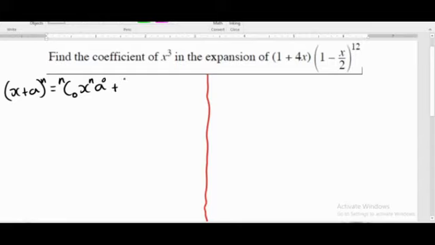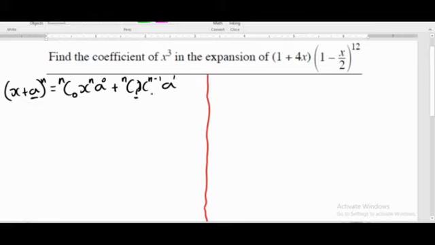The second term will be n combination 1, then x raised to the power of n minus 1, then a raised to the power of 1. Always remember that a is always having the same power as the subscript of the combination.